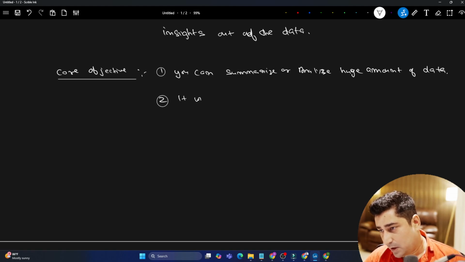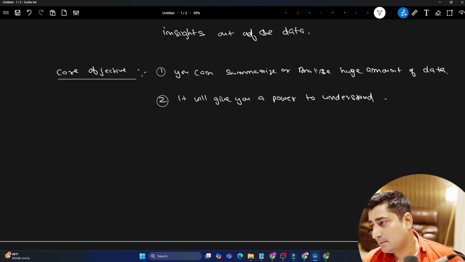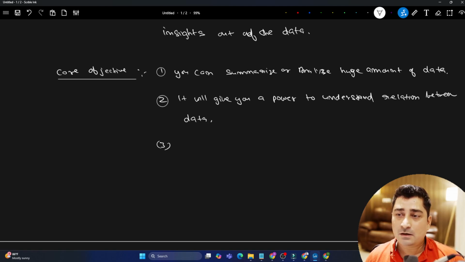So it will give you a power to understand the relation between data. Now, the third core objective: it is going to give you a power to make a decision out of uncertainty.